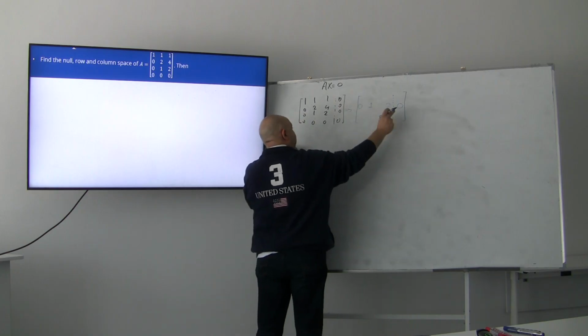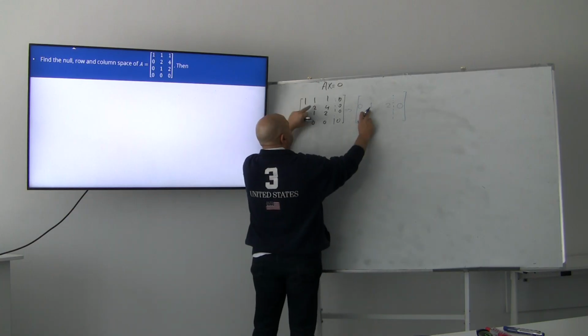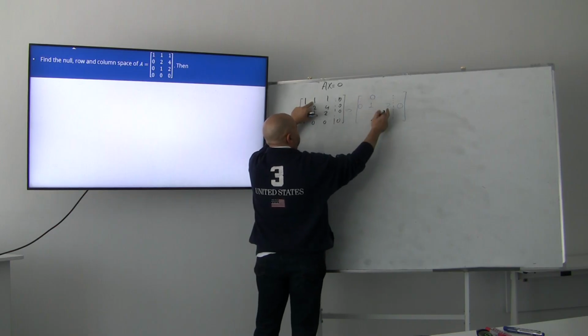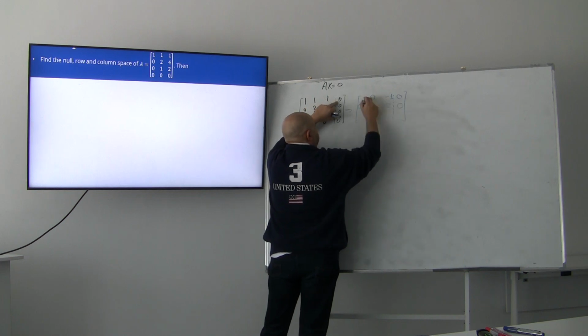Then I will multiply this second row pivot 1 by -1 and add it to the first row. -1 plus 1, the result will be 0. -2 plus 1 is going to be -1. Negative 1 times 0 plus 0 is 0.